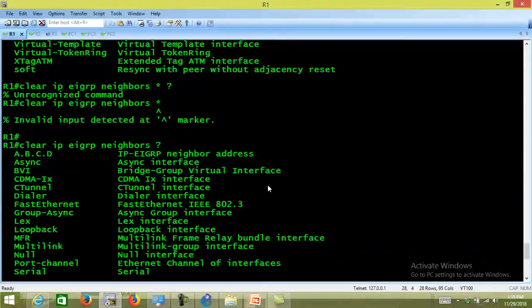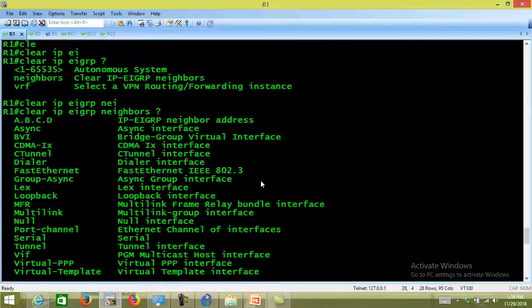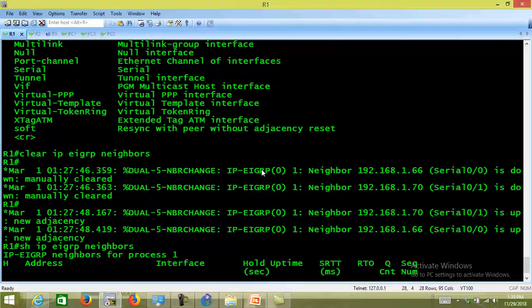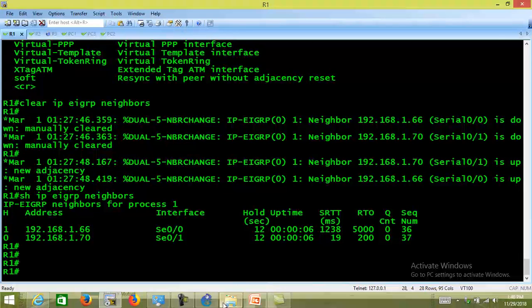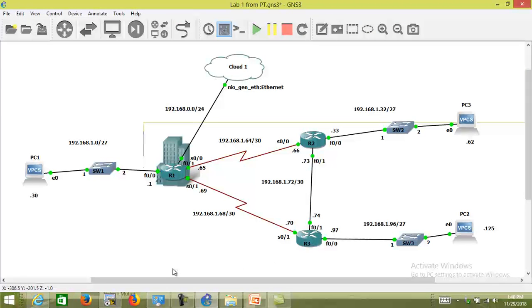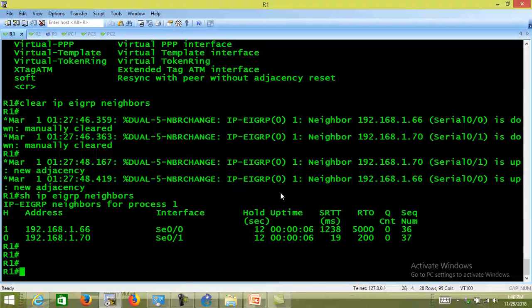I was just changing the router ID. Anyway, I have assigned an IP address there and advertised it into EIGRP.